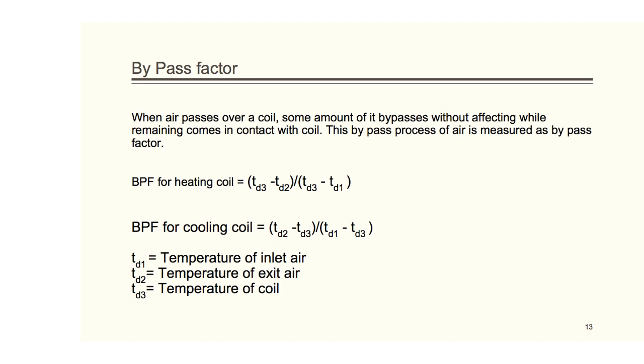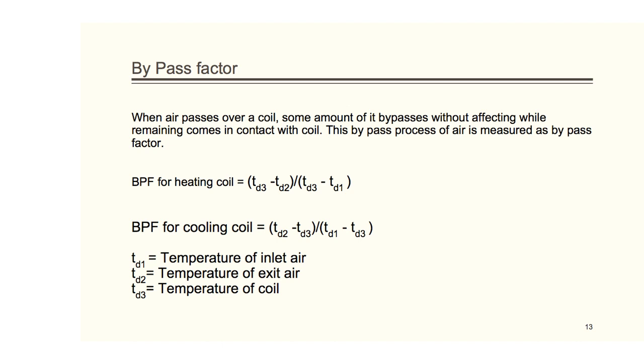So the term is called bypass factor. When air passes over a coil, some amount of it bypasses without being affected, while the remainder comes in contact with the coil. This bypass of air is measured as the bypass factor.